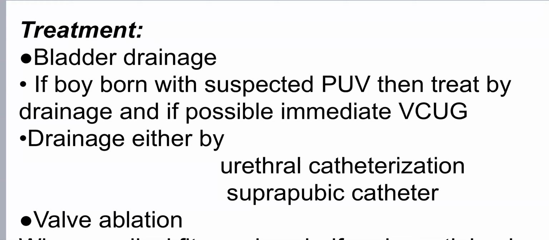If a boy is born with suspected posterior urethral valve, then treat by drainage and if possible immediate VCUG and drain, either by suprapubic or by Foley catheter.